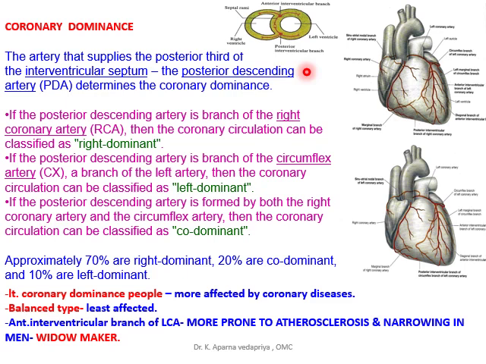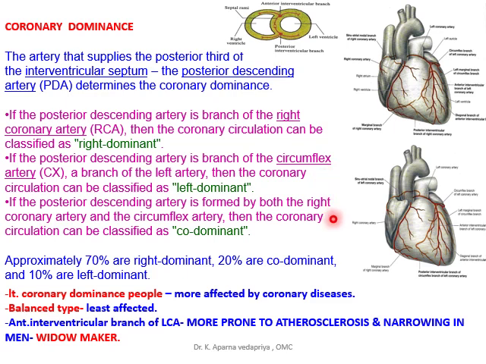If the posterior interventricular artery is a branch of the right coronary artery, then the coronary circulation is classified as right dominance. If the posterior interventricular artery is a branch of the circumflex artery, which in turn is a branch of the left coronary artery, then that coronary circulation is classified as left dominance.